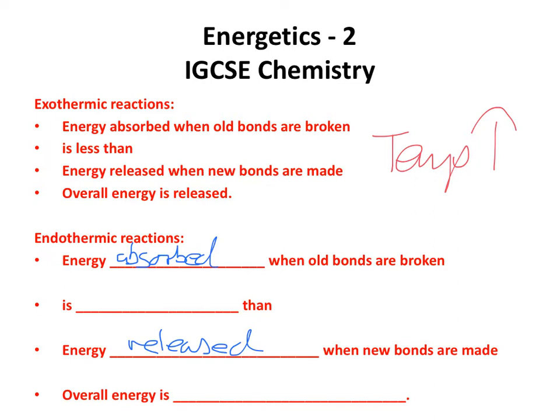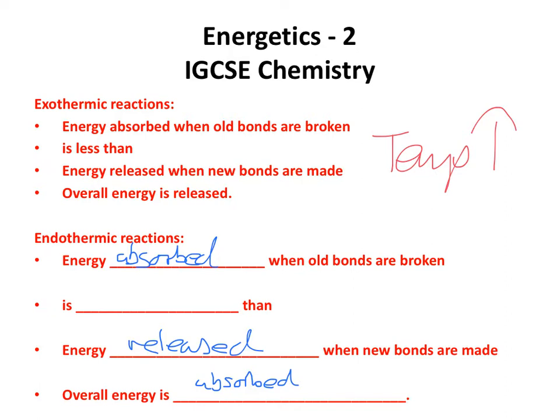And if it's an endothermic reaction, overall energy is absorbed. So more energy is absorbed when the old bonds are broken than is released when the new bonds are made.